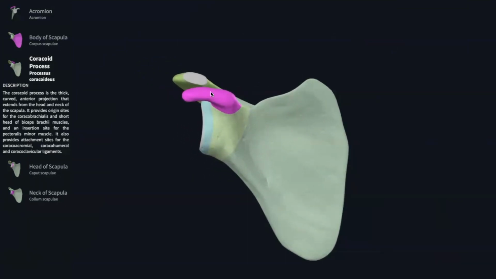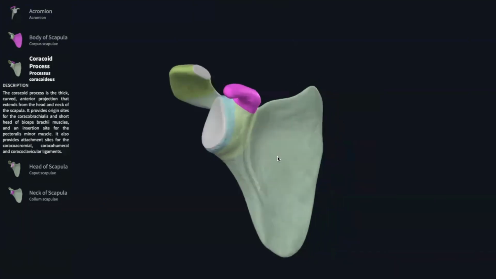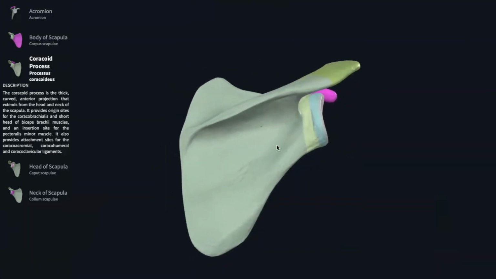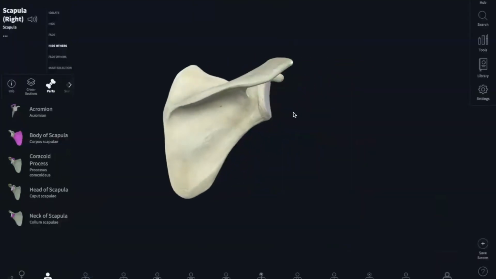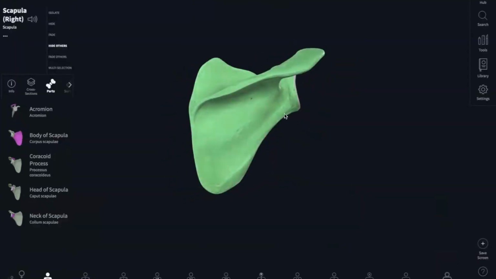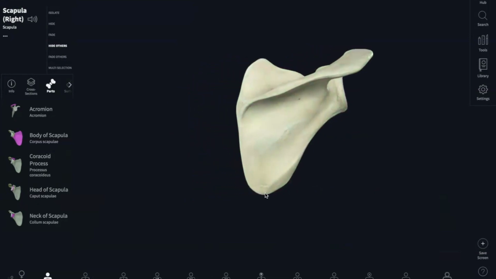And again, this is the anterior view of your scapula. And finally, you have your lateral and medial border, which are also pretty self-explanatory. So your lateral border is going to be on the lateral side of your scapula, and the medial border is going to be on the medial side of your scapula.